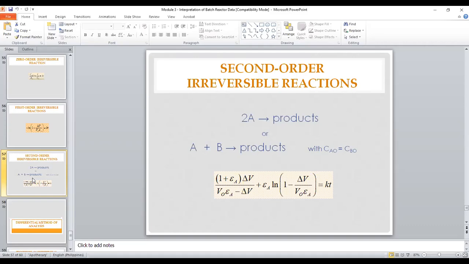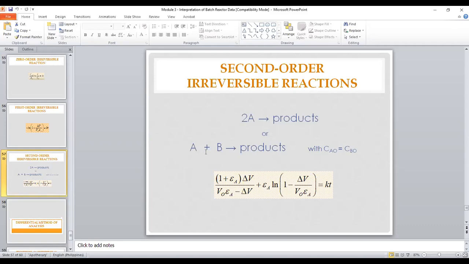The third case in both are all pertaining to non-elementary reactions. In here, we will not be talking anymore about second order irreversible reactions, non-elementary, in the case of varying volume reactions, or those reactions that are isobaric, isothermal.